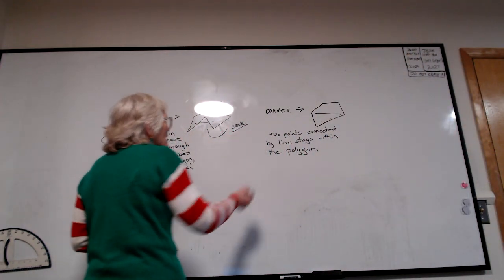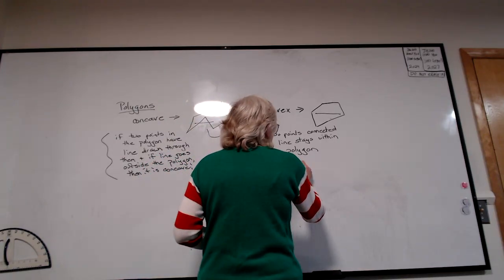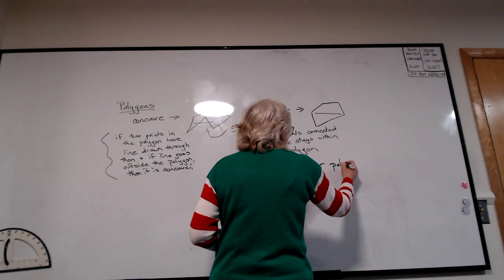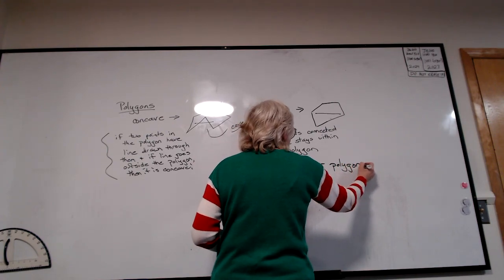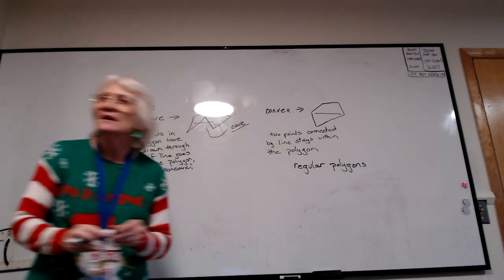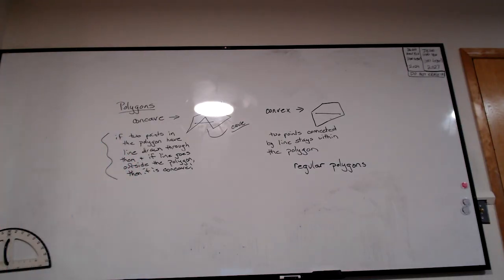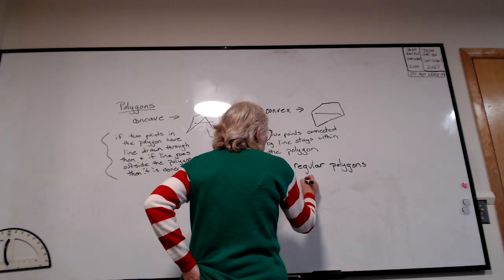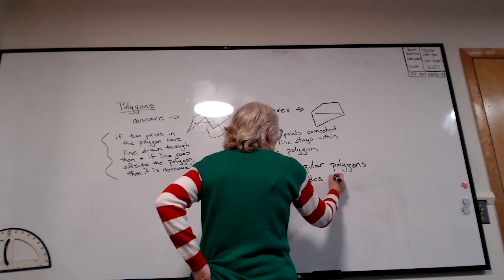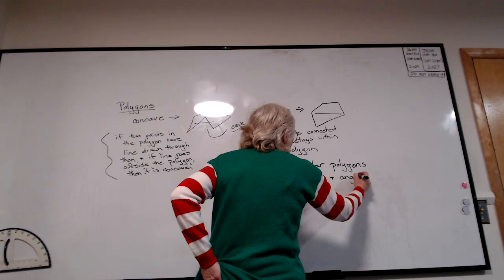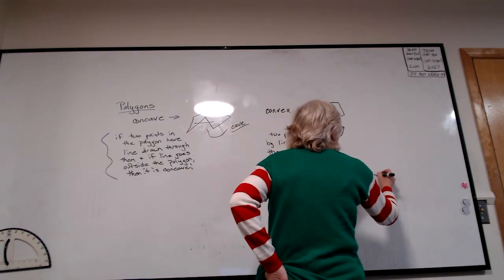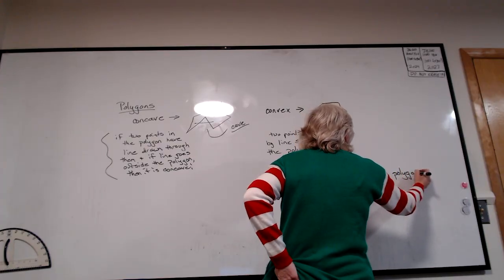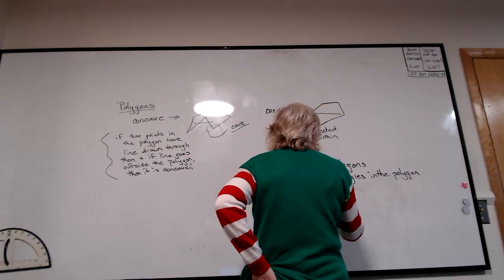Then, in the convex, they're called regular polygons. It falls under just convex, okay? And a regular polygon, all sides and angles in the polygon are the same size.